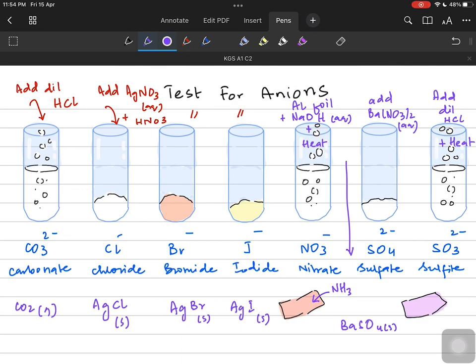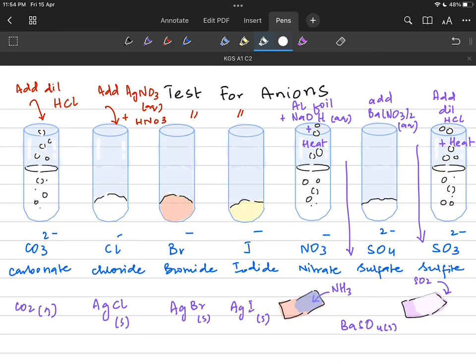In the case of sulfate, you will receive barium sulfate precipitate, while in sulfite, SO2 gas will be evolved, which will turn potassium manganate paper colorless, because it decolorizes the potassium manganate. So these are the specific tests for the anions.